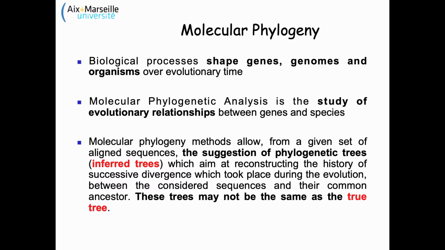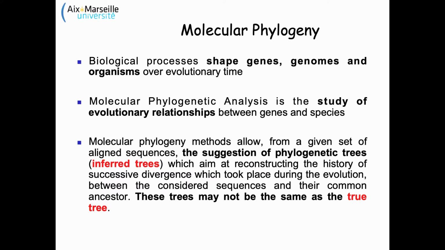So when we perform molecular phylogenetics, what we get is only a suggestion of the phylogenetic tree. That is called an inferred tree. We don't really know what the true tree was. You understand what I say?